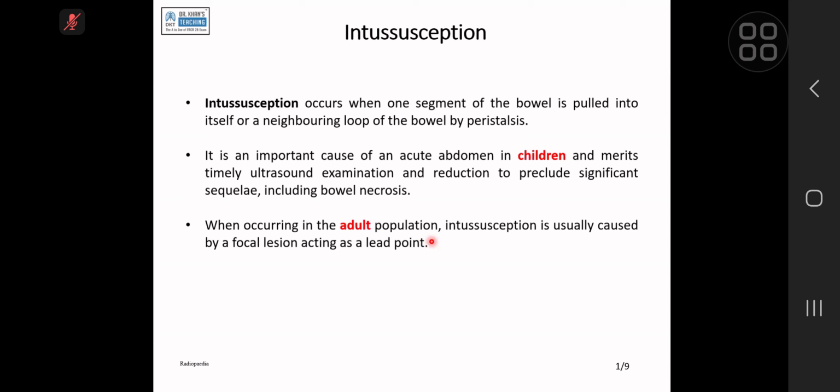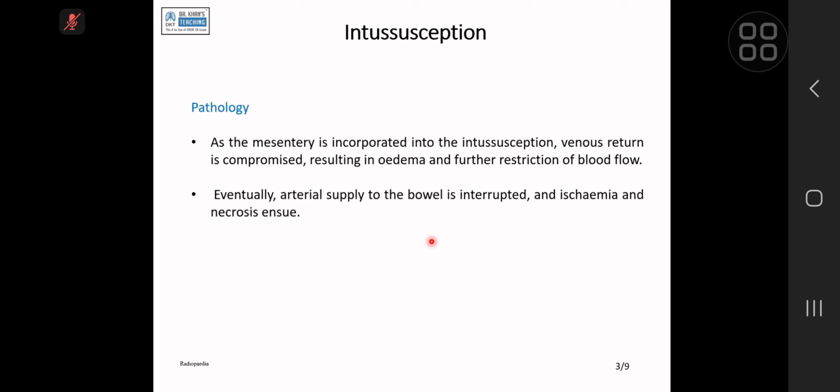They might show you an ultrasound for that, and they will also ask you the concepts of how you will treat it, reduction of intussusception. In the adult, whenever you see it, you should be worried about a focal lesion as the lead point.